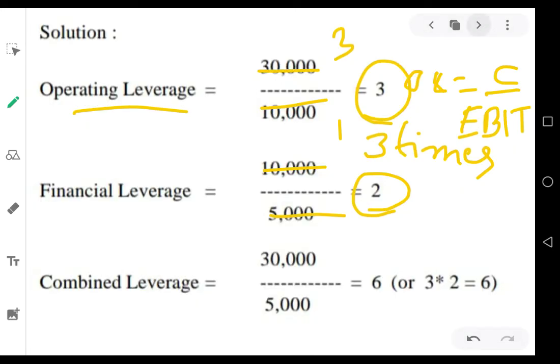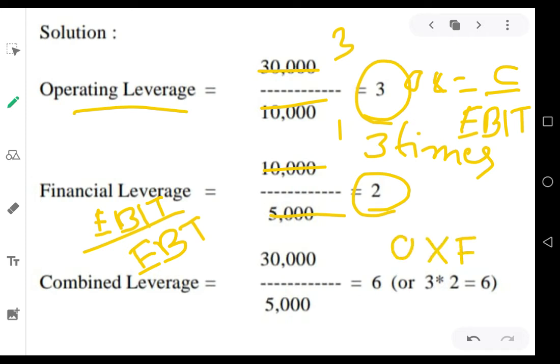And the last one, combined leverage, is operating leverage into financial leverage. Just multiply both the leverages, and you will get combined leverage, or you can use contribution divided by profit.